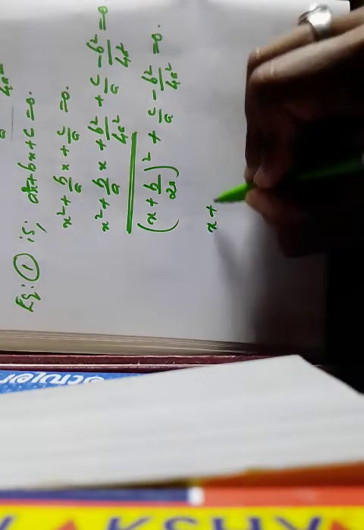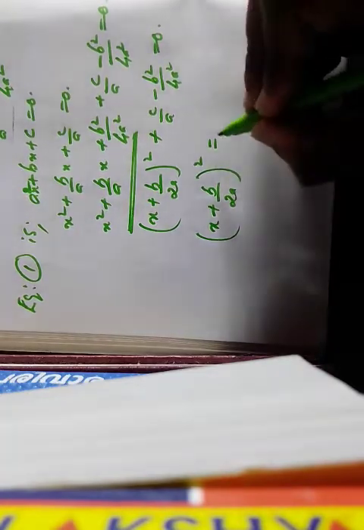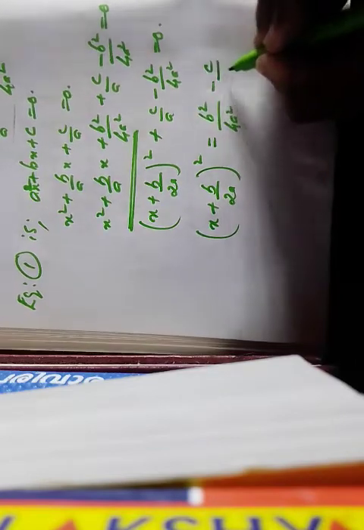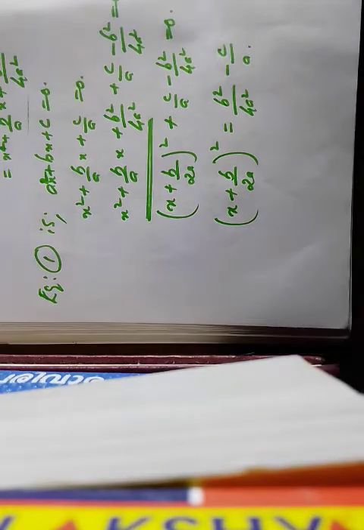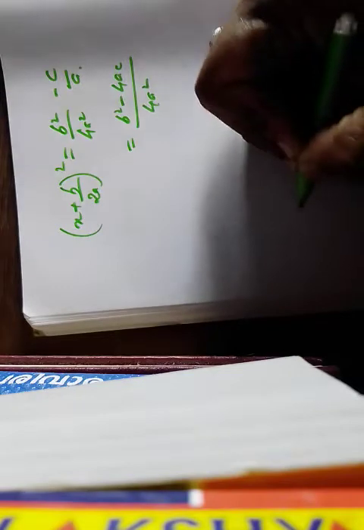Then x plus b by 2a the whole square is equal to b square by 4a square minus c by a, which is equal to b square minus 4ac divided by 4a square.